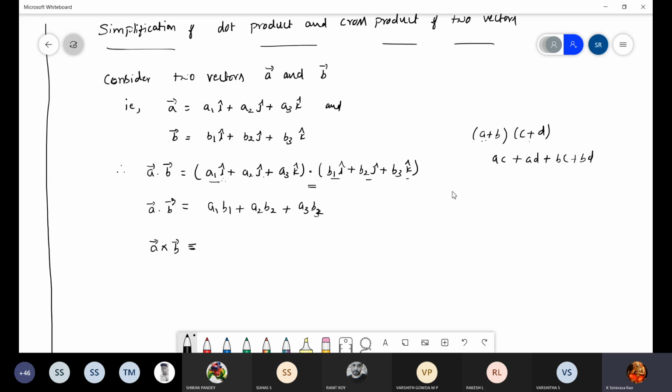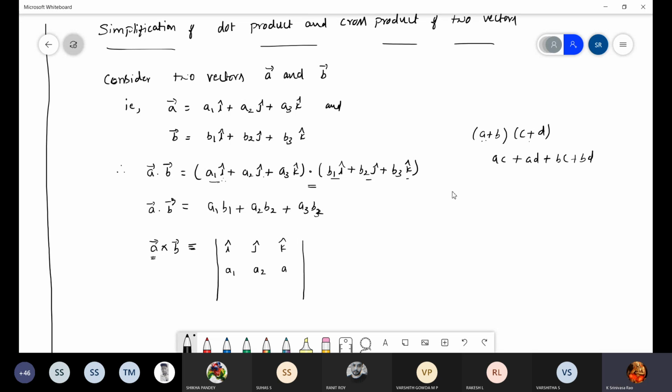So then we have another method, we call it the determinant procedure, that is for A cross B. We will calculate like this. We will write it as a determinant. First row, you write the unit vectors I, j, and k. In the second row, the coefficients of the first vector. The first vector is a, its coefficients are a1, a2, a3.